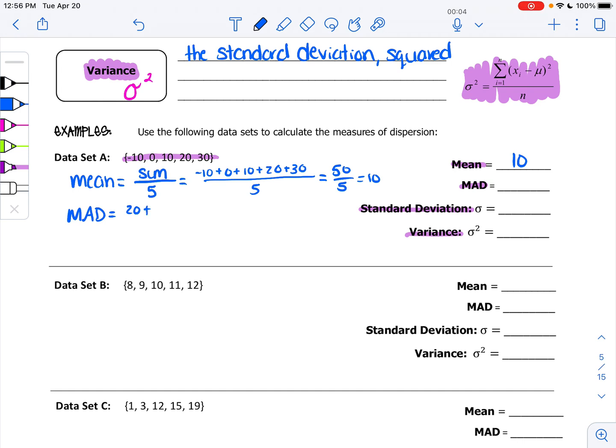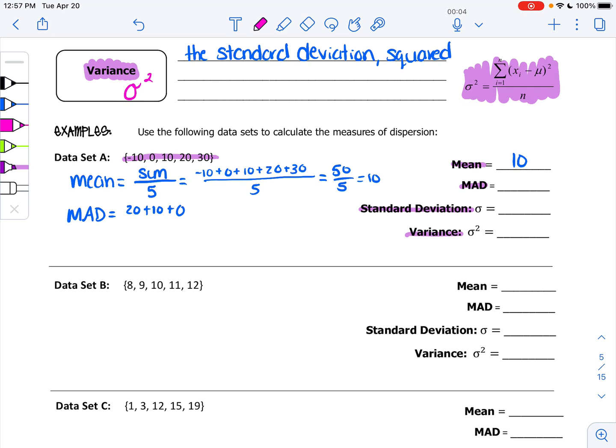Plus, our next value is 0. So 0 compared to our mean of 10. On a number line from 0 to 10, that is 10 units away, so plus 10. Plus, our next number is 10. 10 compared to our mean of 10 is 0 units away.